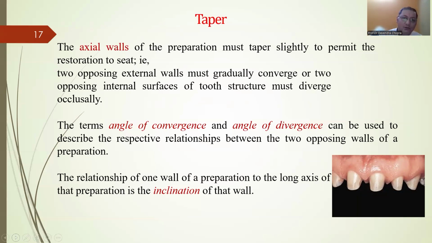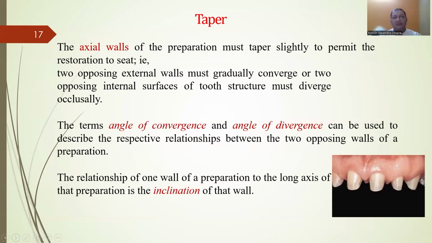Please go back to your places and take your diamond burr, your tooth preparation burr, and just measure the angle. You will see whenever you are putting that burr along the long axis of your tooth, that ensures already 3 degrees of taper. I will show you in the further diagram. So from one side of the proximal surface, it is 3 degrees, and on the other side, it is 3 degrees.